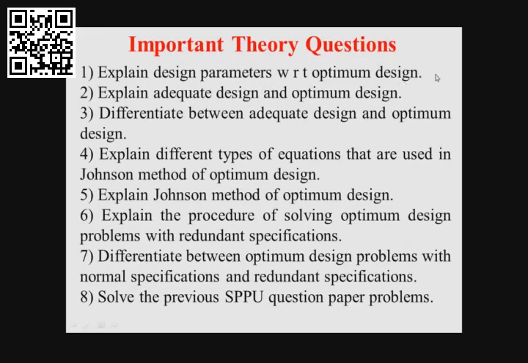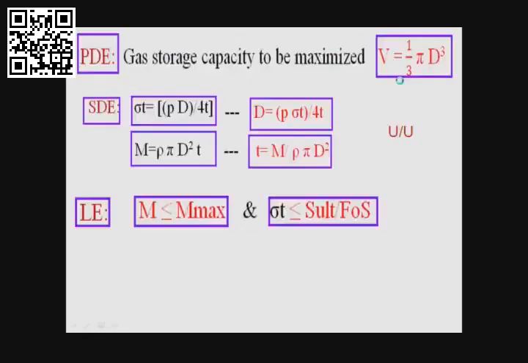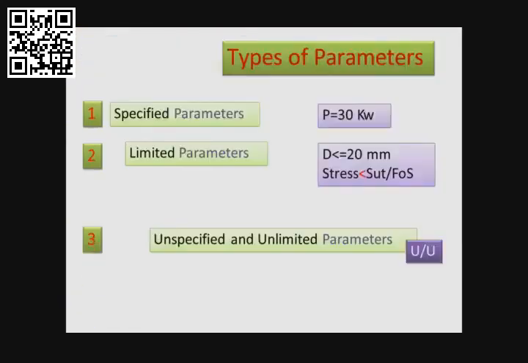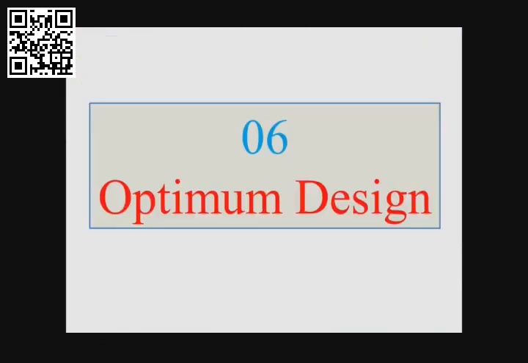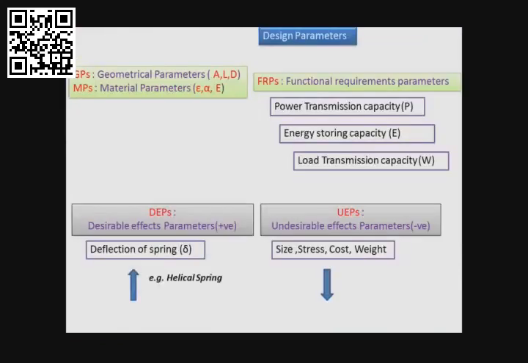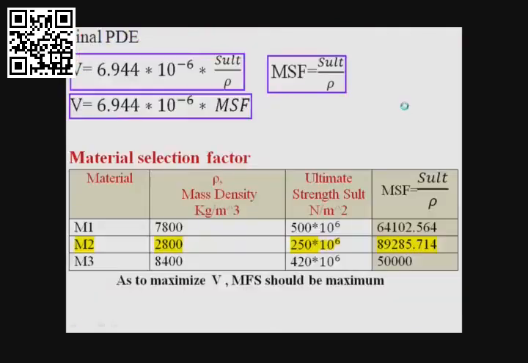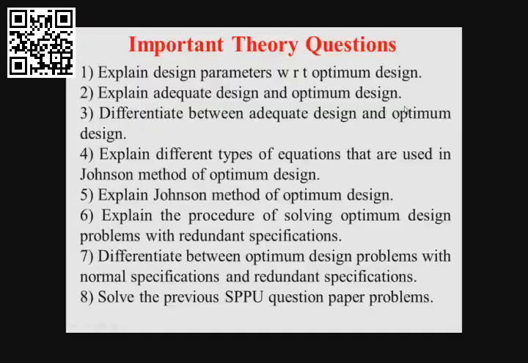We already discussed that, so that is primary. What are the design parameters? These are the different design parameters: functional requirement parameters, geometrical requirement parameters, and material requirement parameters.